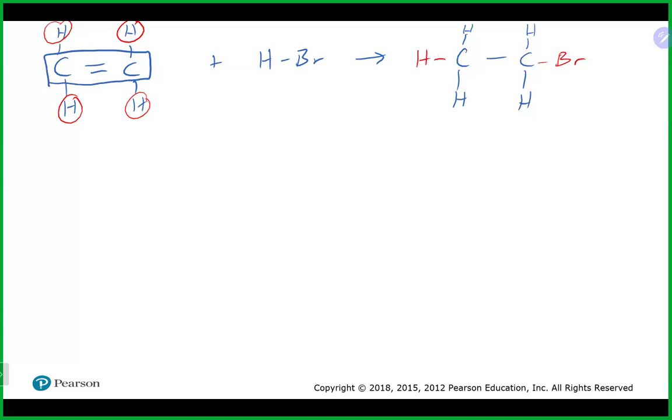So you only have to worry about that rule we just talked about if there are different numbers of hydrogens to begin with. So in this case, we do get a halogenation. This is sometimes referred to as a halogenation reaction, an addition. And we get basically a halogen added to our alkane in this answer.